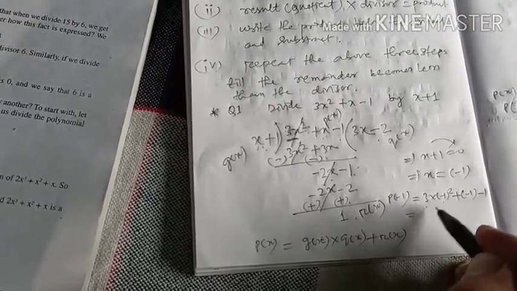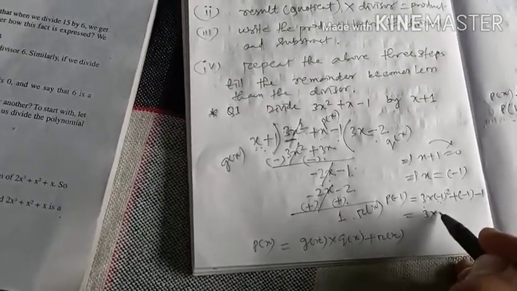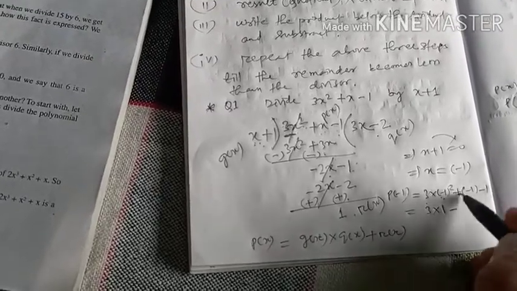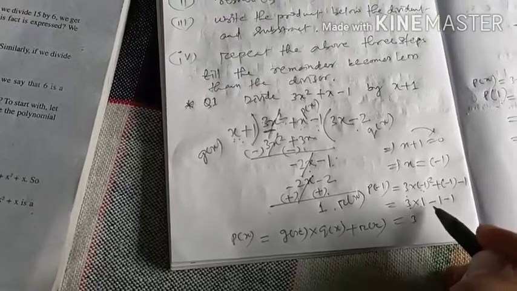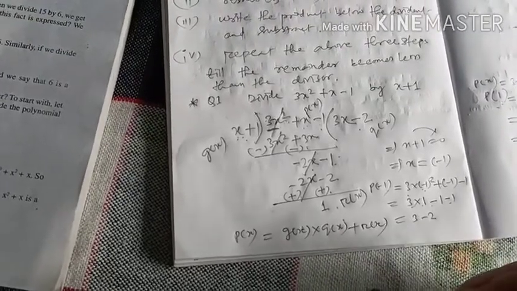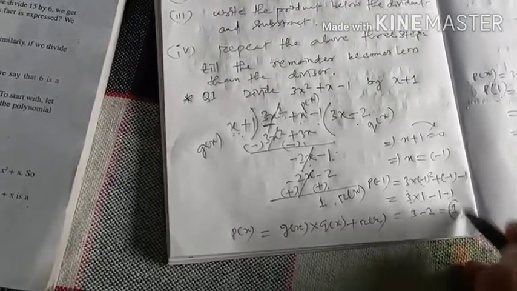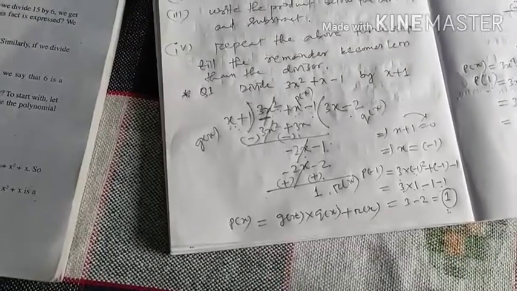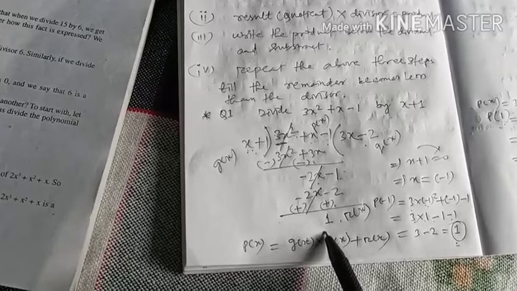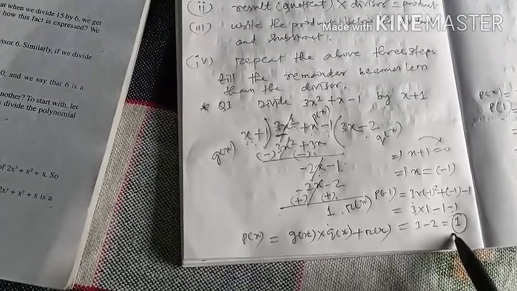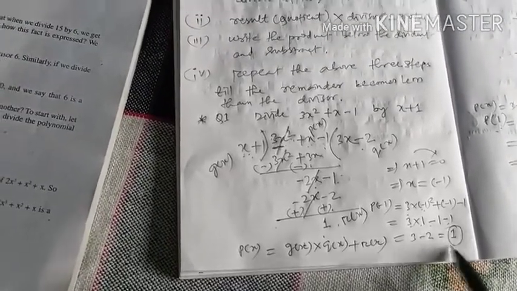So 3 into minus 1 square it will be plus 1, plus minus minus 1. 3 ones are 3, minus 1 it will be minus 2, 3 minus 2 it will be 1. Look at here. Here also we will get the remainder without performing the long division. Here the remainder is 1.